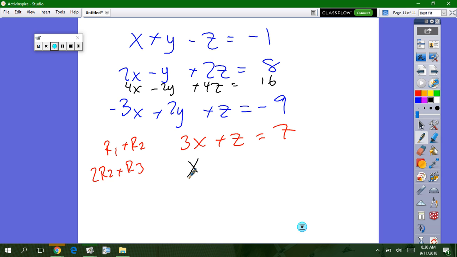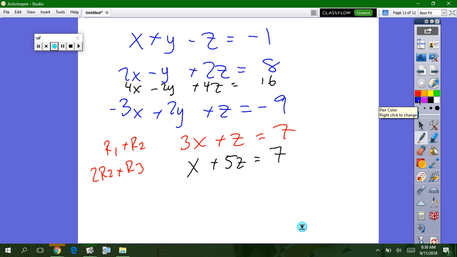Negative 2y plus 2y is gone, which we wanted. 4z plus z is 5z. 16 minus 9 is 7. So everybody understand where I'm getting that, though? Make sure you're understanding what I did there.